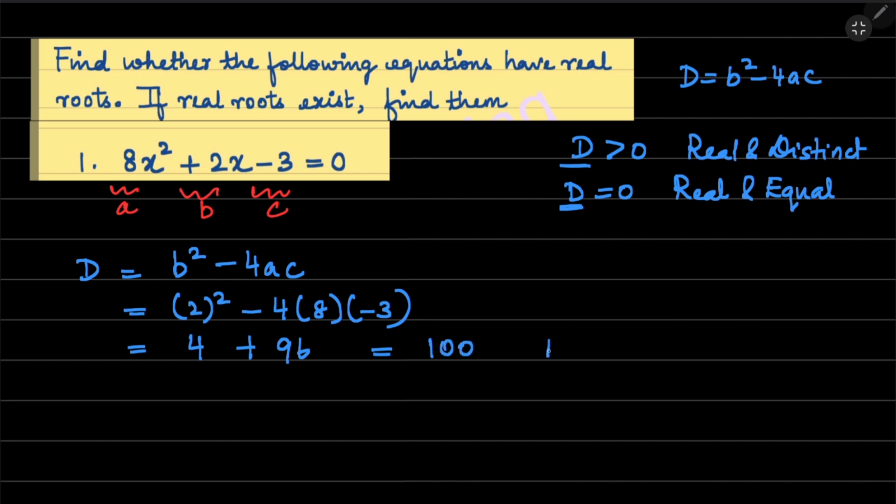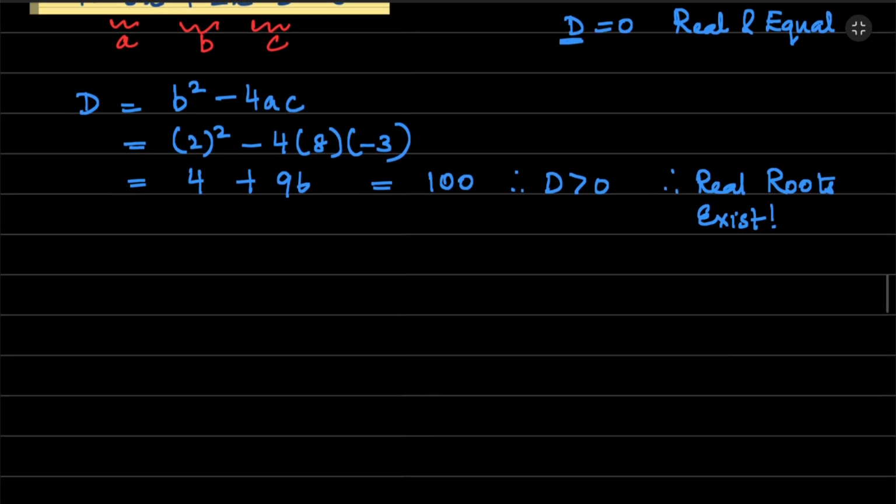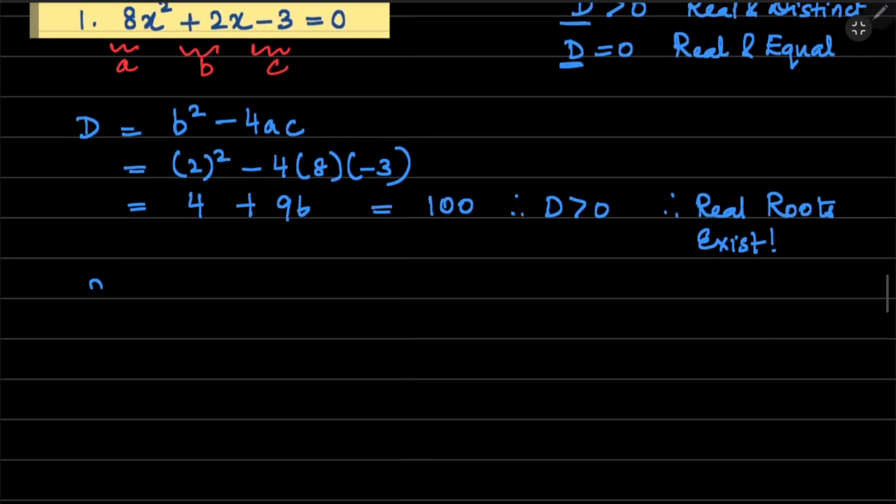Therefore you can write d is greater than 0. Therefore the real d is positive, right? Therefore real roots exist. So we have found it: since the discriminant value is greater than 0, the real roots exist. Now let's calculate what those roots are using the quadratic formula.